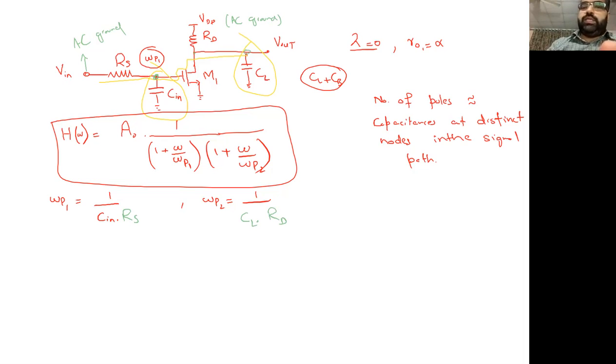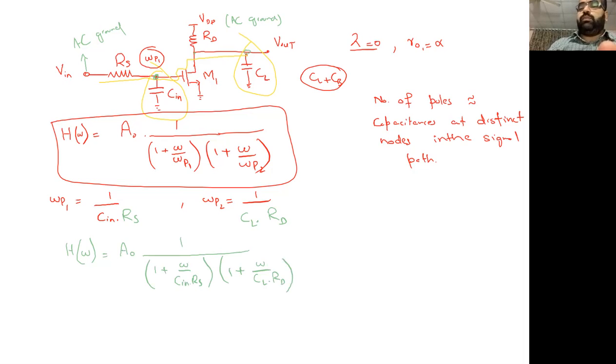So I can explicitly write that H of omega is equal to A0 times 1 over 1 plus omega divided by C in times RS, times 1 plus omega divided by CL times RD.